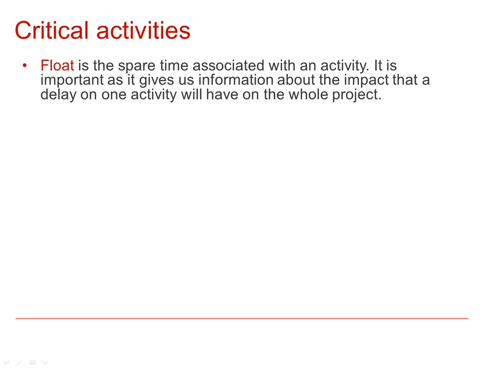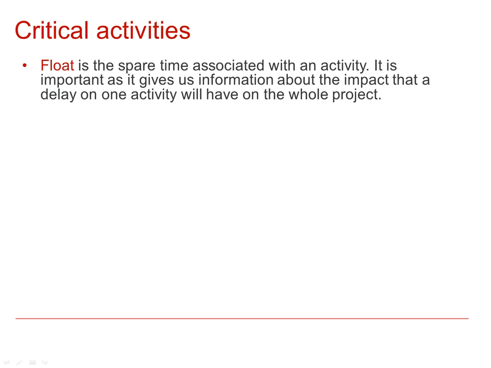So if, for example, we have an activity with an early start time of 4 and a duration of 7, then it could possibly be completed by time 11. But if the latest time of completion was 13, it then has some slack or float associated with it.